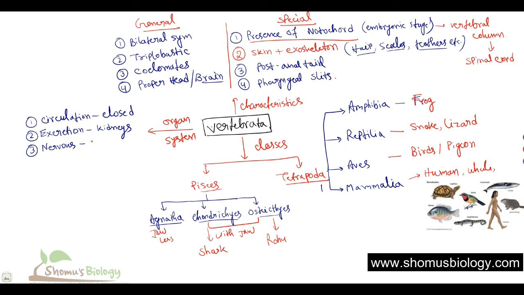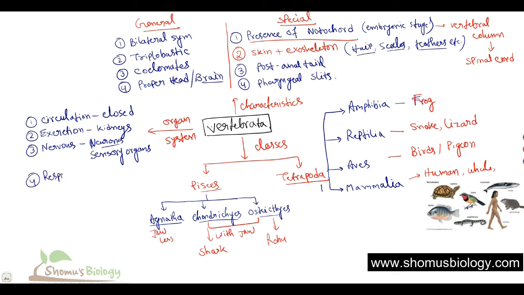Nerves are present, sensory organs are present. It started with ganglia and then forms neurons. And they have sensory organs.